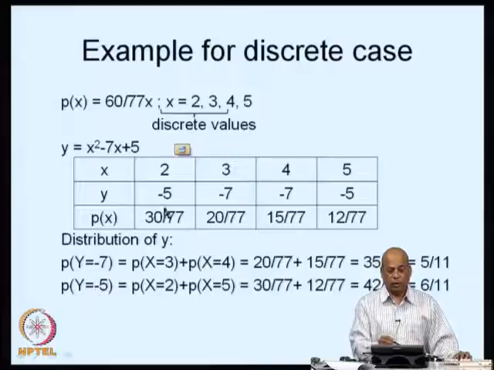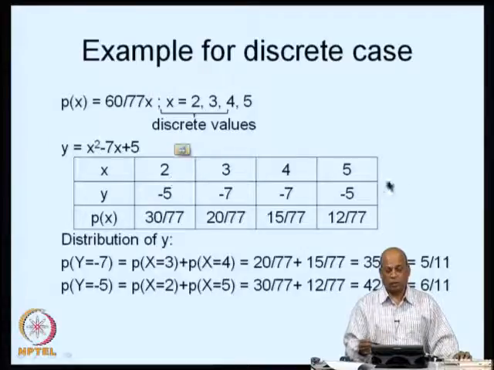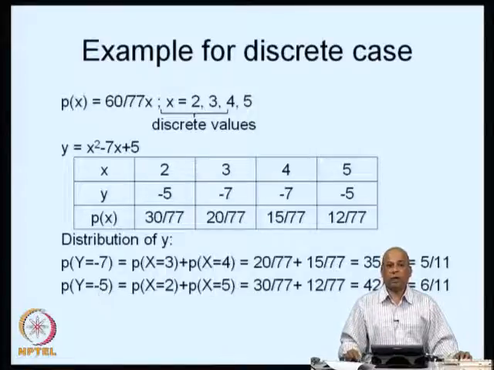Now, y is equal to minus 5 occurs for x is equal to 2 and x is equal to 5. So, probability of y is equal to minus 5 will be equal to probability of x is equal to 2 plus probability of x is equal to 5, which turns out to be 6 by 11, as you can see here.